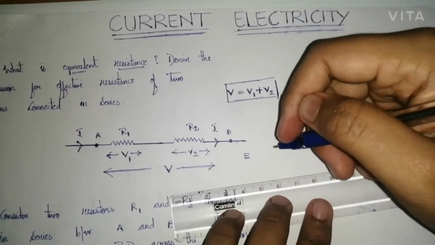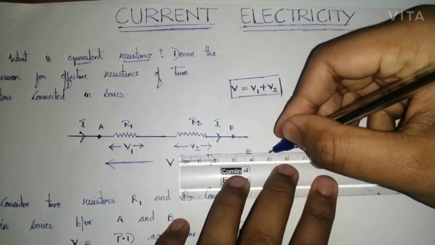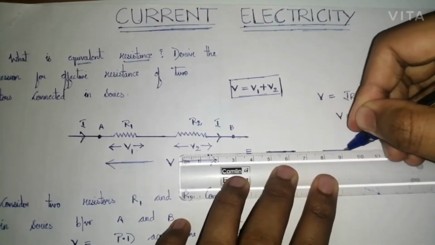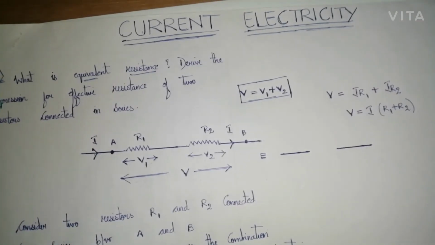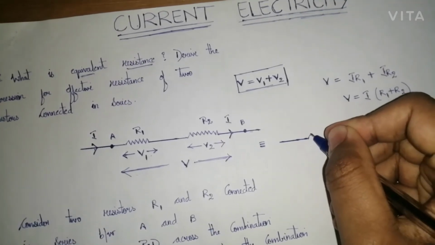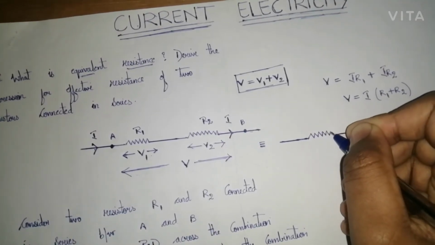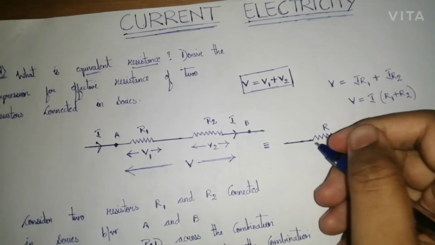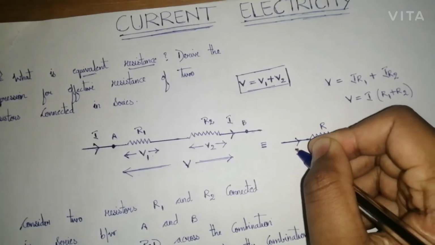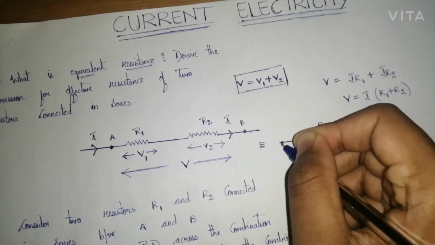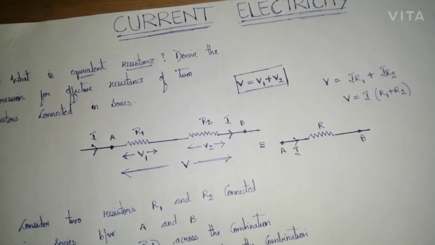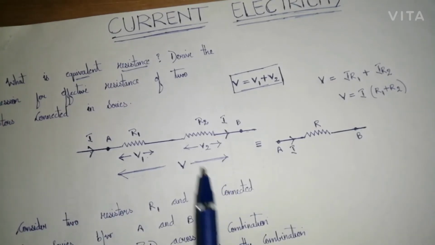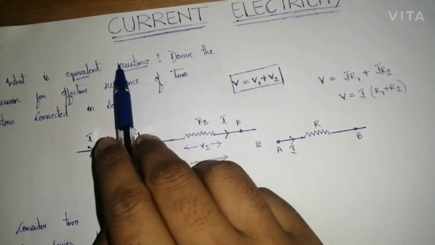This is R, and this current I is flowing, this point A, this point B. So the important topic is, what is equivalent resistance?